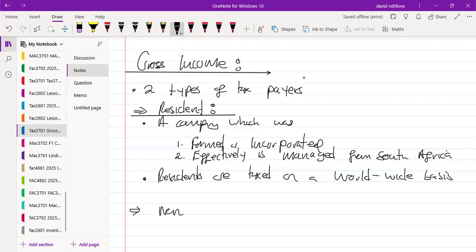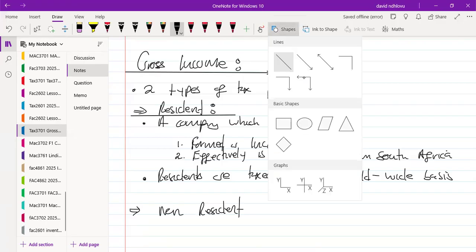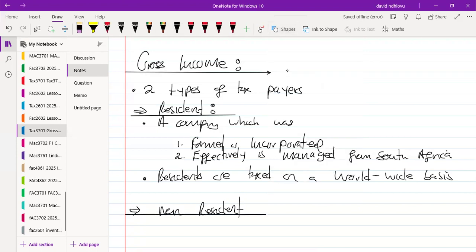We have what we call a non-resident. So when you talk about a non-resident, this is a company that is not a resident of South Africa. So it means they don't satisfy all the requirements to register as a resident. The company was not formed in South Africa.